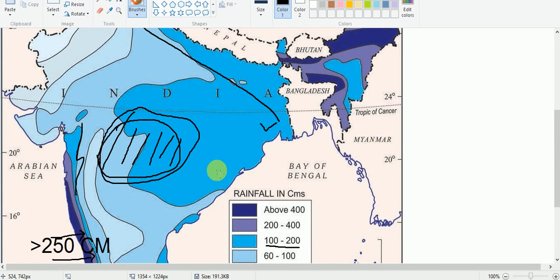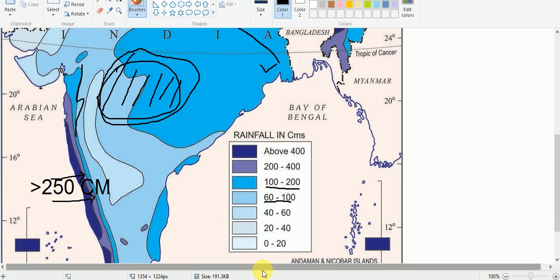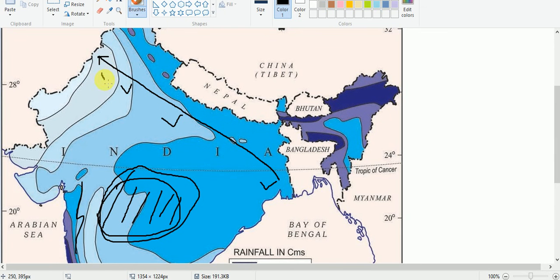Then again, see here in this area, it is 60 to 100 centimeters. Then 40 to 60. See here, 40 to 60. Then 20 to 40. In this way, the amount of rainfall decreases from the east towards the west in the northern plains of India.